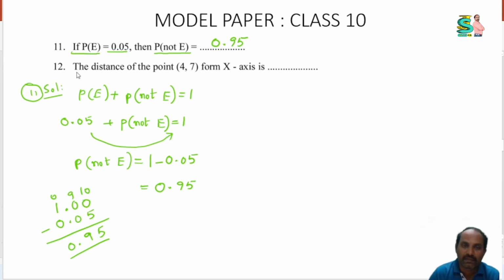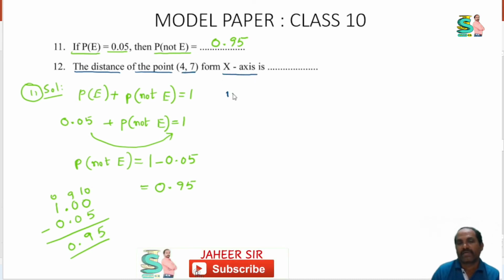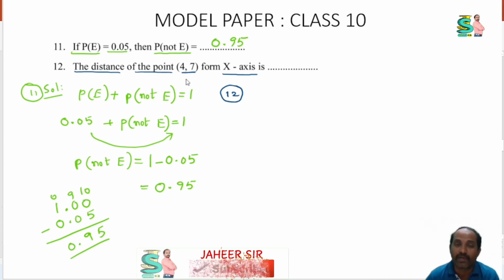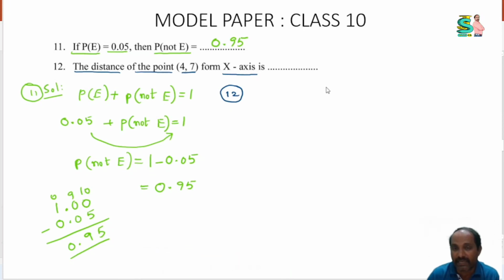12th question. The distance of the point (4, 7) from the x-axis. From the x-axis we are going to find the distance of the point 4, 7. How to find? I will draw one rough diagram.